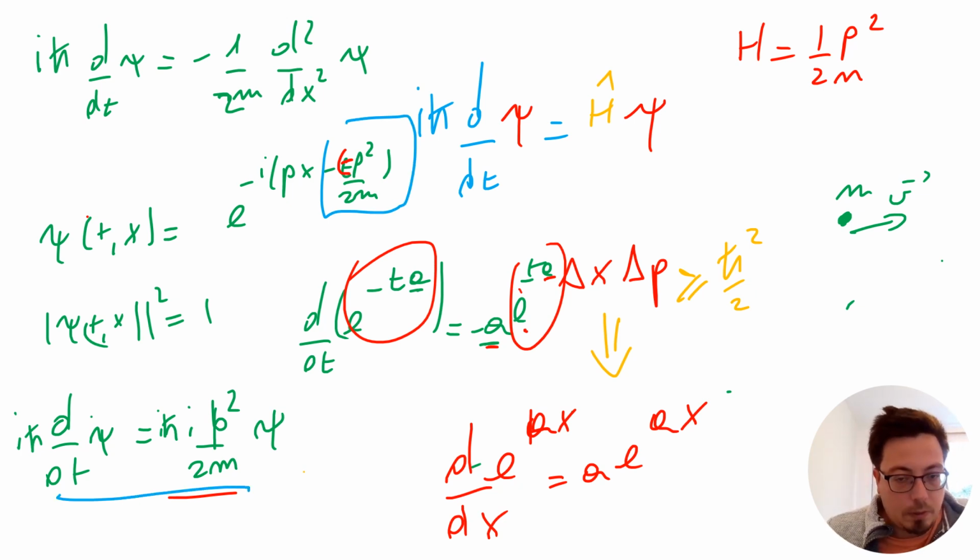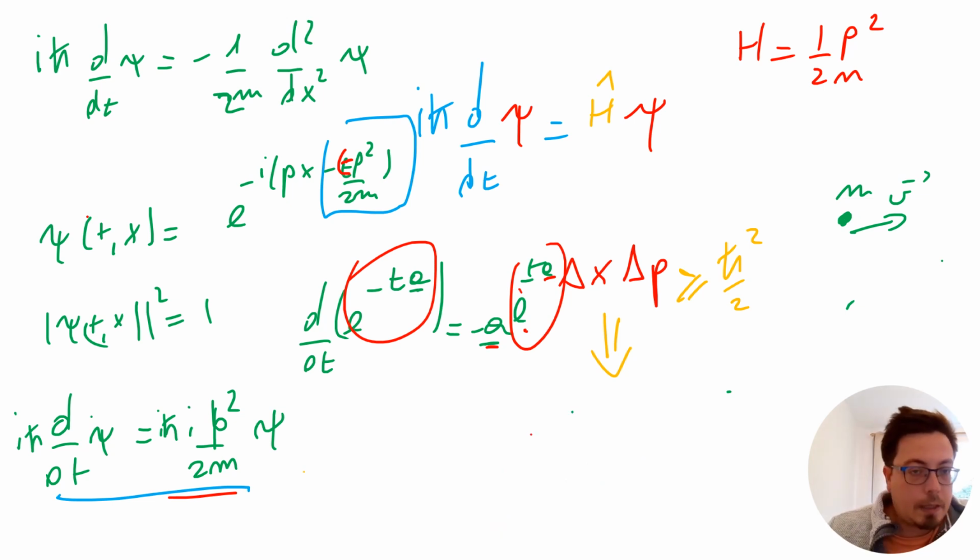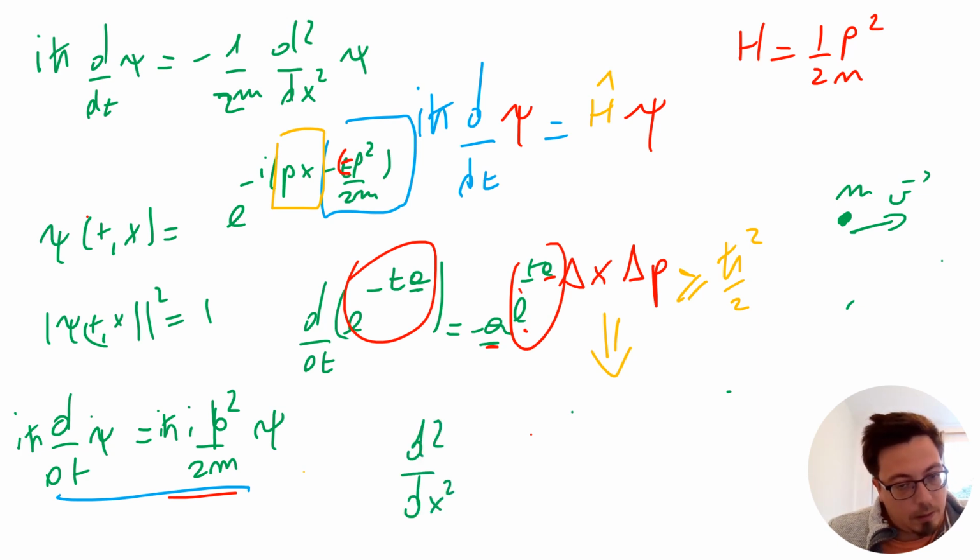Now, if we do the derivative in x twice, it's the same thing, but we just deal with this part here, because the time part is a constant, so we will not differentiate it. Therefore the second derivative of our function is equal to minus times minus, which is plus, p squared times the function.